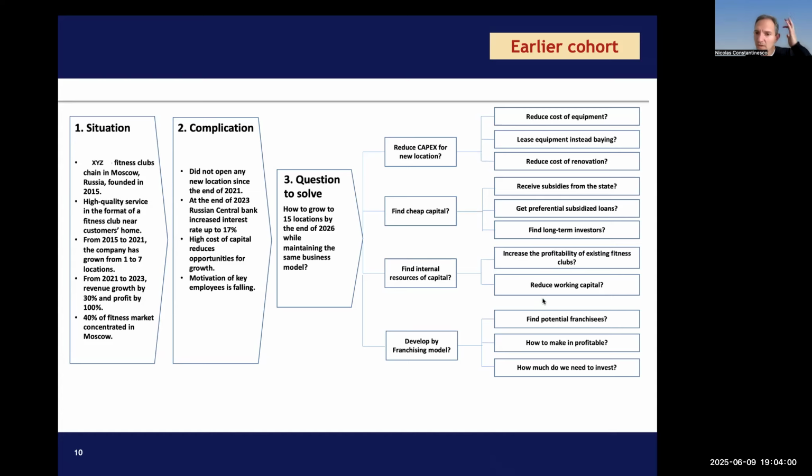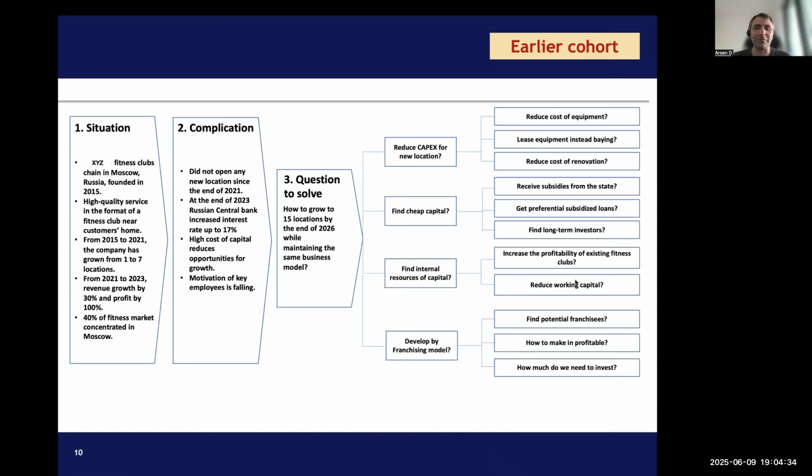So the second box, find cheap capital. It's a little bit unclear. What's unclear is whether capital here refers only to debt type capital or if it also includes equity. So it might make sense to break it down between that. But we have find long-term investors, which I assume would be, but maybe it's my speculation.